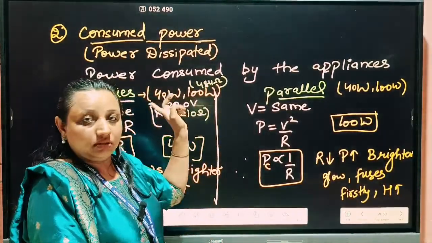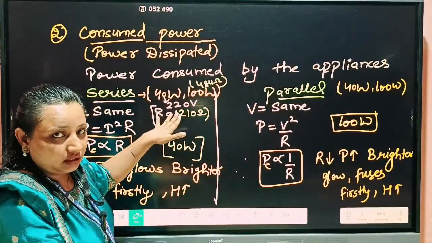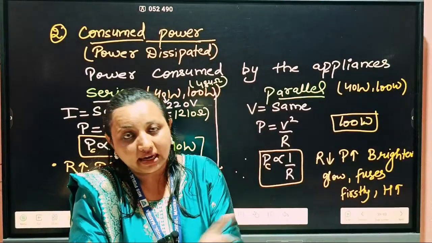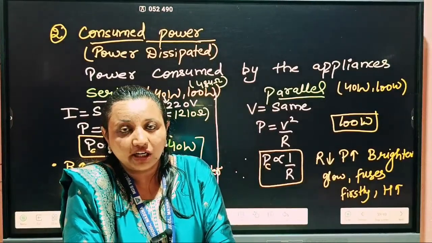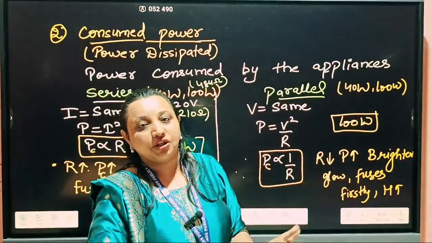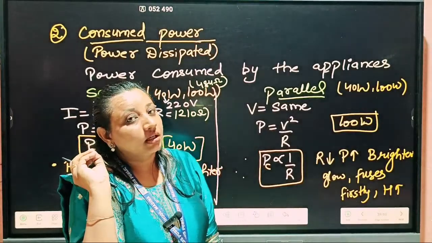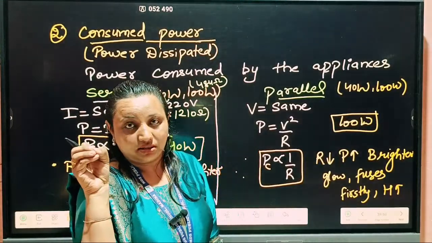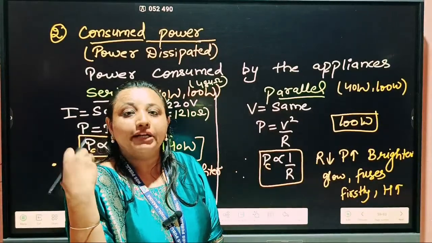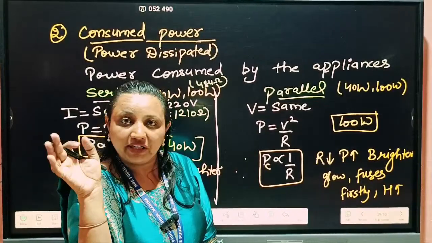If the less rated power appliance has greater resistance, it glows brighter when connected in series combination, and it produces a greater amount of heat energy. But when they are connected in parallel combination, the device having higher rated power, which has low resistance, has high power consumption, glows brighter, fuses fast, and also produces a greater amount of heat energy.